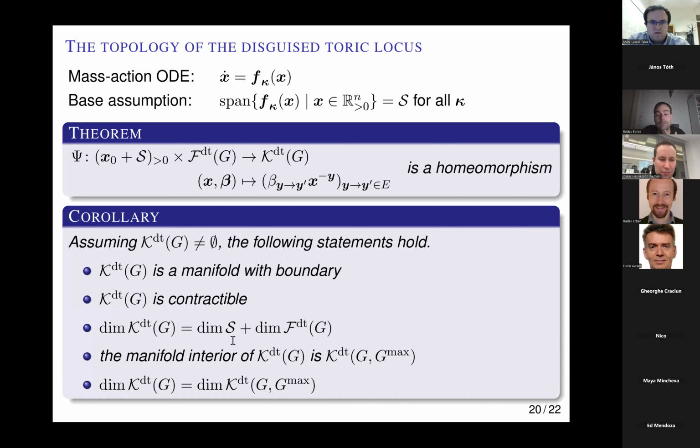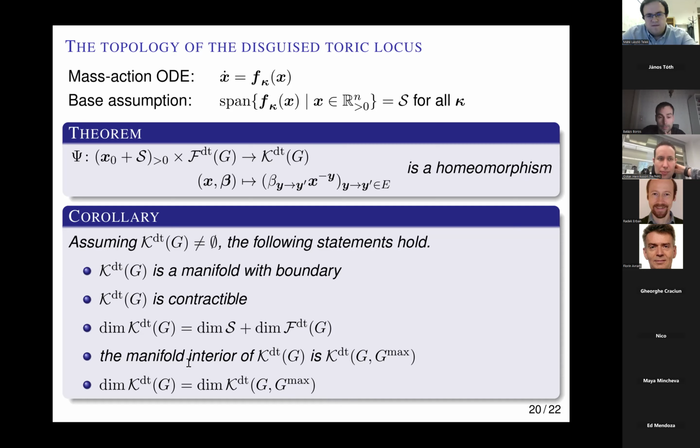It is simply the sum of the dimension of the stoichiometric subspace, or the rank of the network, if you like, plus the dimension of the disguised toric flux cone. So just by solving the linear part of the problem, that's already enough for you to tell some important information about the dimension of the nonlinear object that you are interested in.